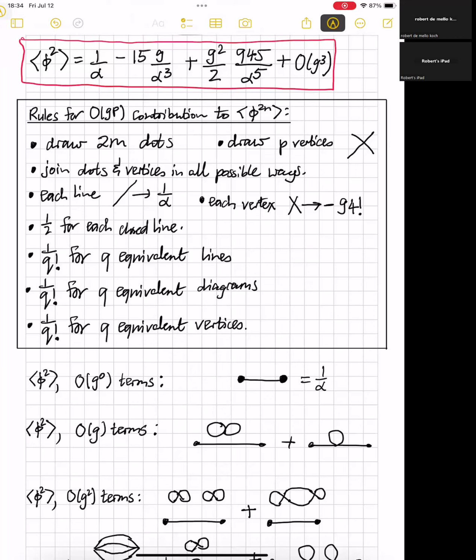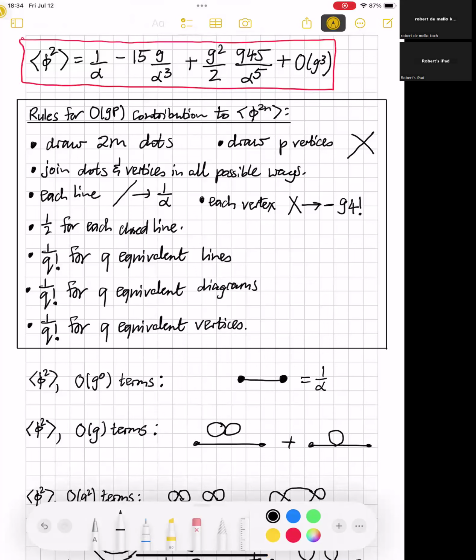So we just get 1 over alpha. Well, looking at phi squared, what is the order g to the naught term? It's 1 over alpha. So indeed, we've gotten the 1 over alpha term correct. Great. And now I'm going to erase this. We don't need this anymore. Very good. Okay, so now let's look at the next two diagrams.